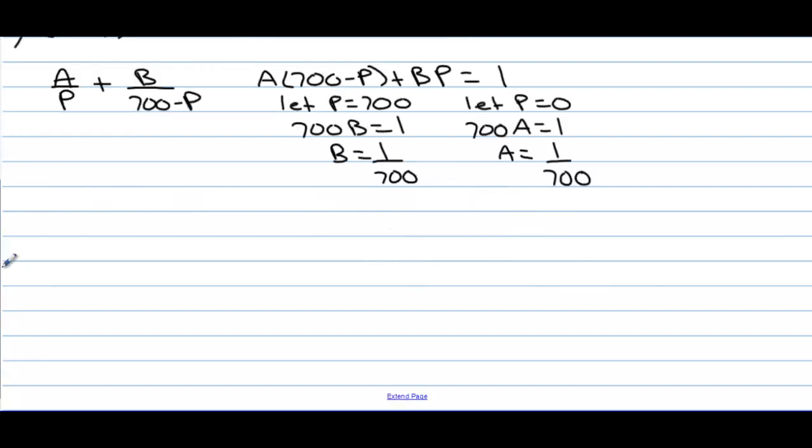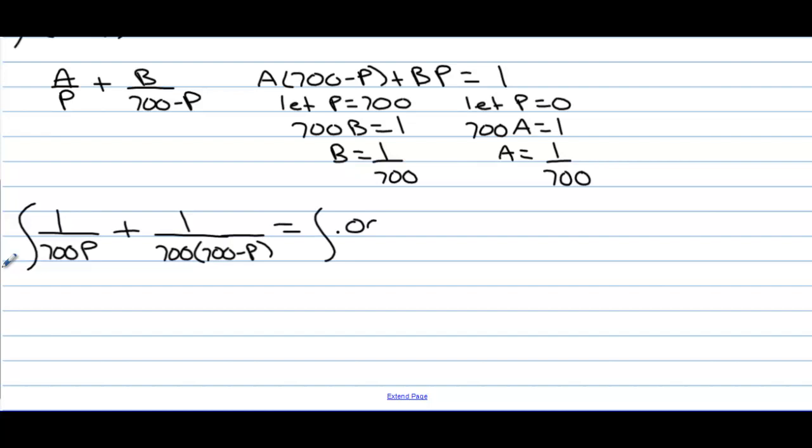That gives us the integral of 1 over 700P plus 1 over 700 times 700 minus P is equal to the integral of 0.0008 dt. Let's multiply everybody by 700.